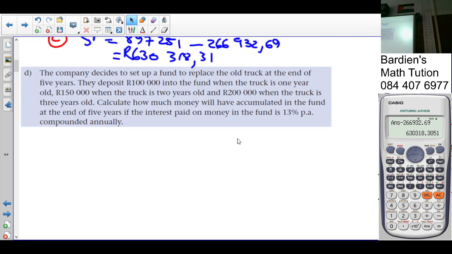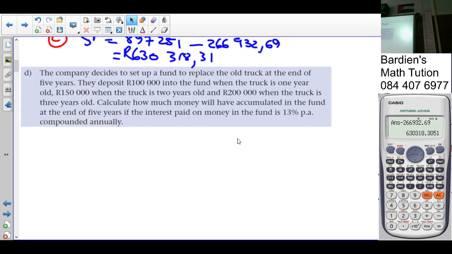Okay. So after 5 years, the company is short 630,318 rand and 31 cents to replace the old truck with a new truck. So that's the shortfall. So after 5 years, either the company has 630,000 rand to pay the shortfall, or the company must take out a loan and then repay the loan.